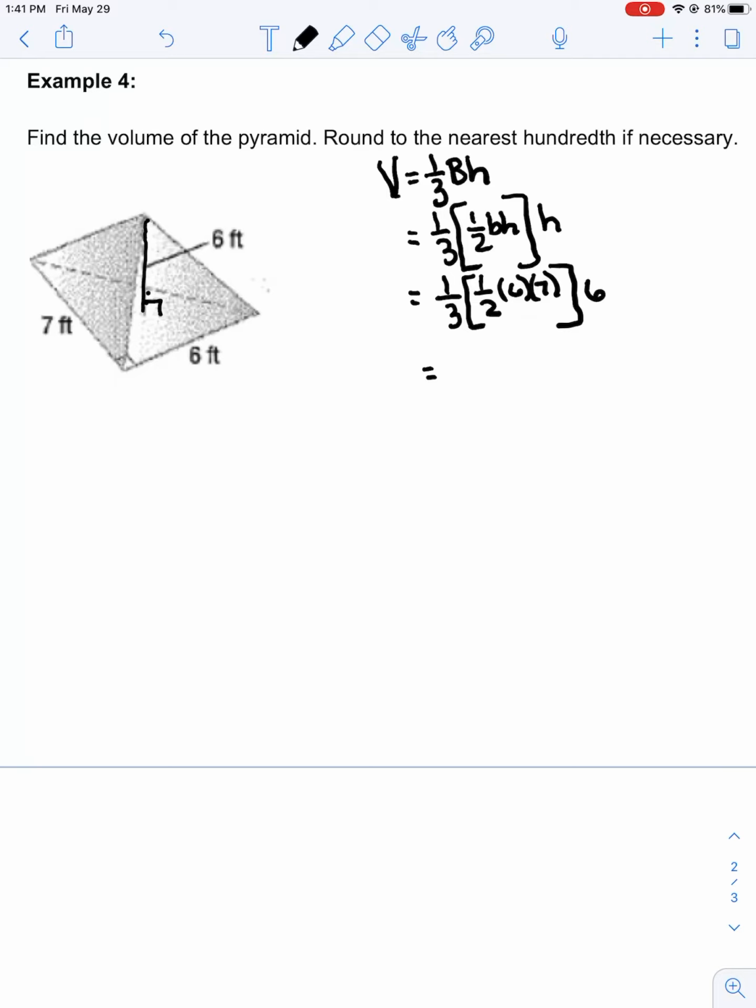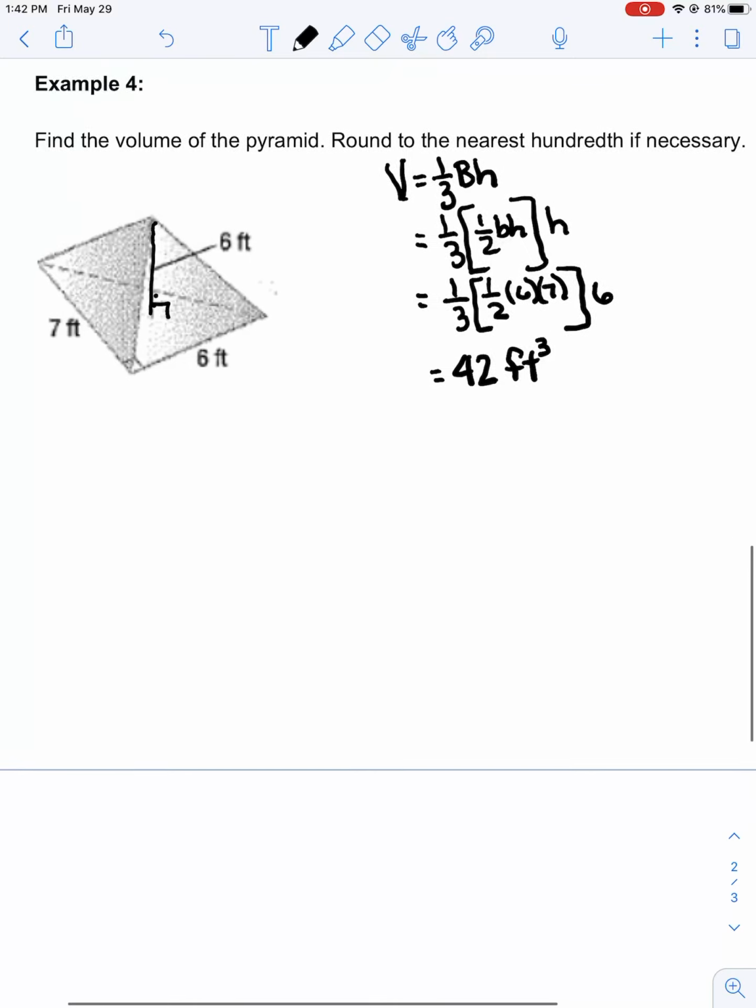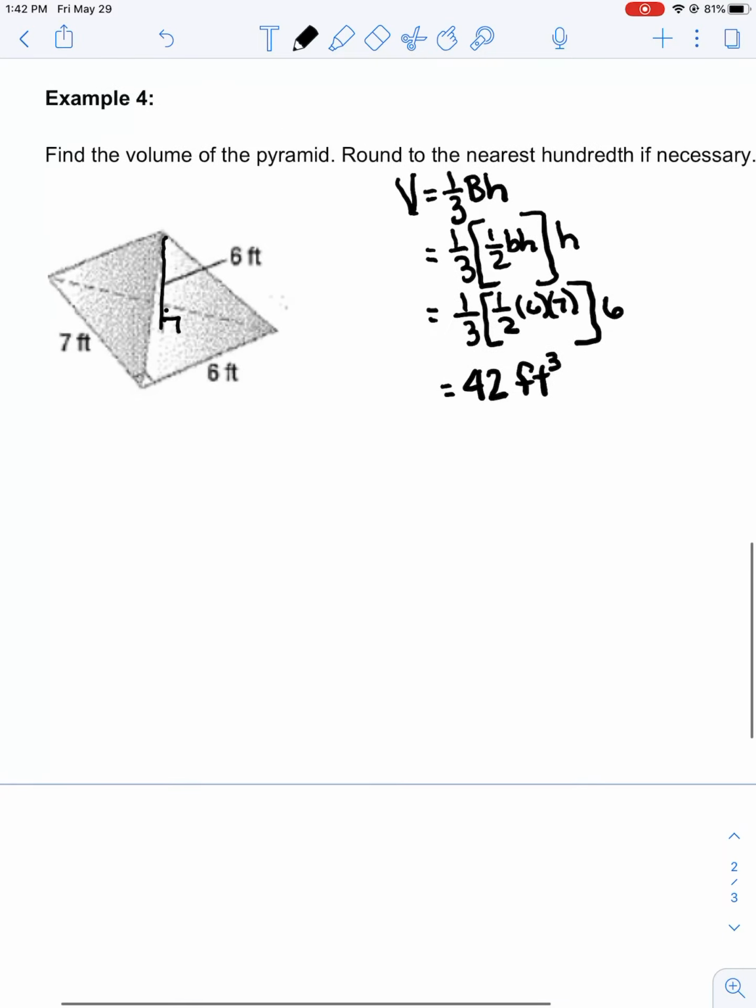So 1/3, I just want to make sure that this is right, 1/3 times 1/2 multiplied by 6 multiplied by 7 multiplied by 6. Oh, okay, I knew something was wrong there. So the answer there is 42 feet cubed. Okay? And that, I believe, is our final example for this lesson.